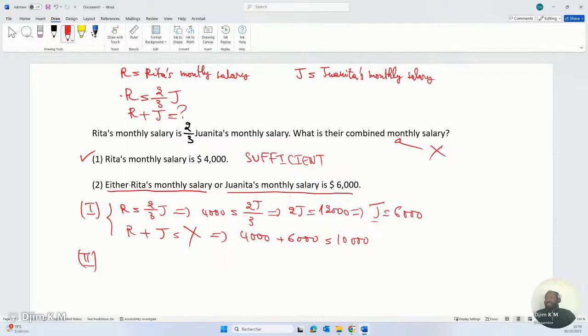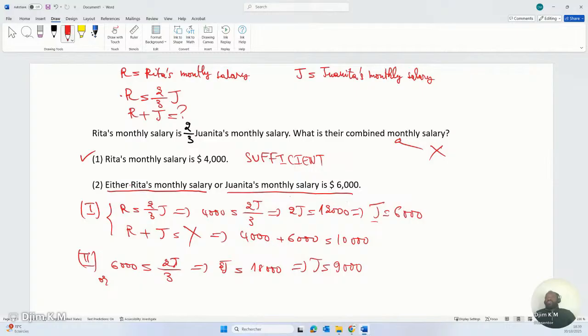So if Rita's salary is equal to 6,000, we can say 6,000 is 2/3 of J, so J is 9,000.